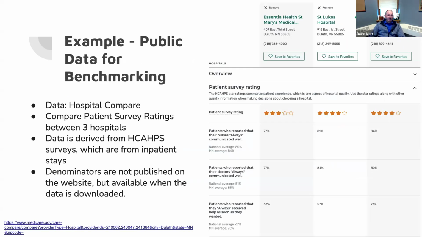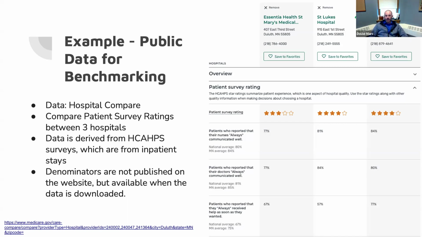There's also public data that's available for benchmarking. So if you go to Hospital Compare, and if you've never been there, I encourage you to do so. It's a tool that's intended to be used by the general public to make more informed decisions about the quality of care and the type of care that's available by different hospitals. So here's an example of looking at Essentia versus St. Luke's versus Community Memorial, which is located in Cloquet, Minnesota, and comparing the patient survey results that are part of HCAHPS surveys.